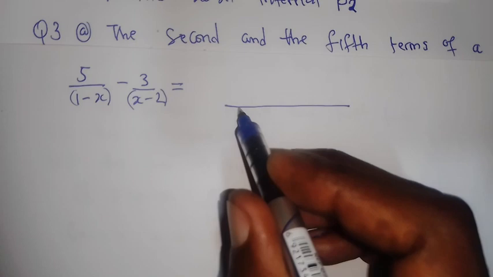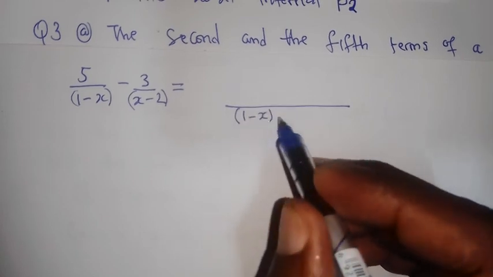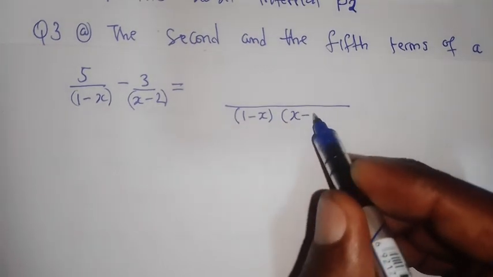So you just bring them down, 1 minus x, then also x minus 2.